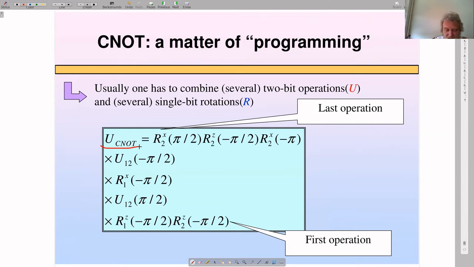The sequence of operations appears to be quite complex, but in any case, it's only several operations, and if you do everything fast, you can make the overall CNOT operation sufficiently fast.